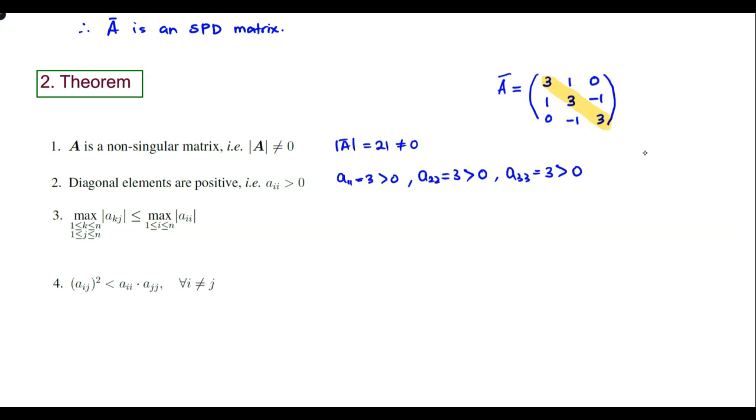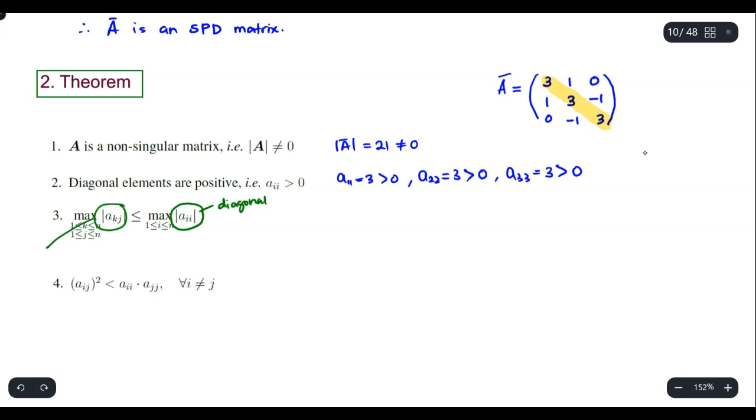Condition number 3: the max of the absolute value of Aij must be less than or equal to the maximum of the absolute value of Aii. So Aii here is the elements of the diagonal in terms of absolute value, and on the left part are the elements other than the diagonal.